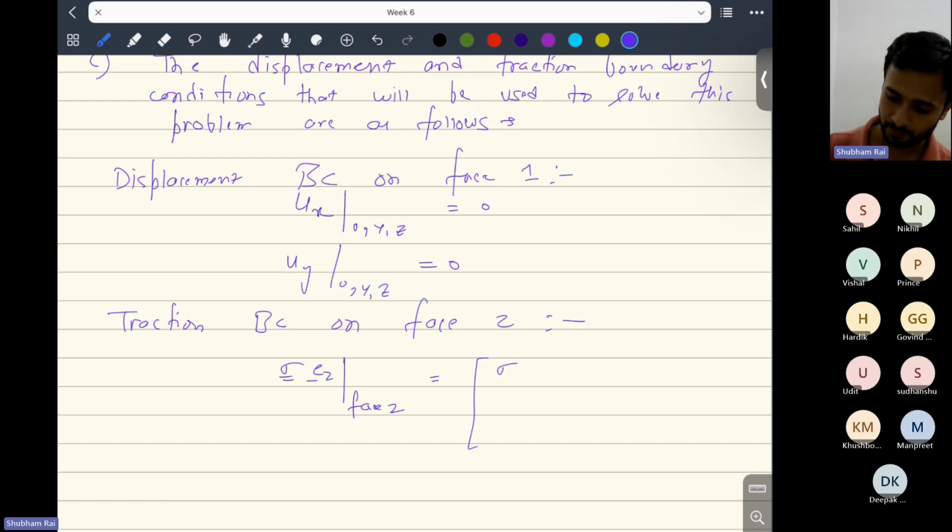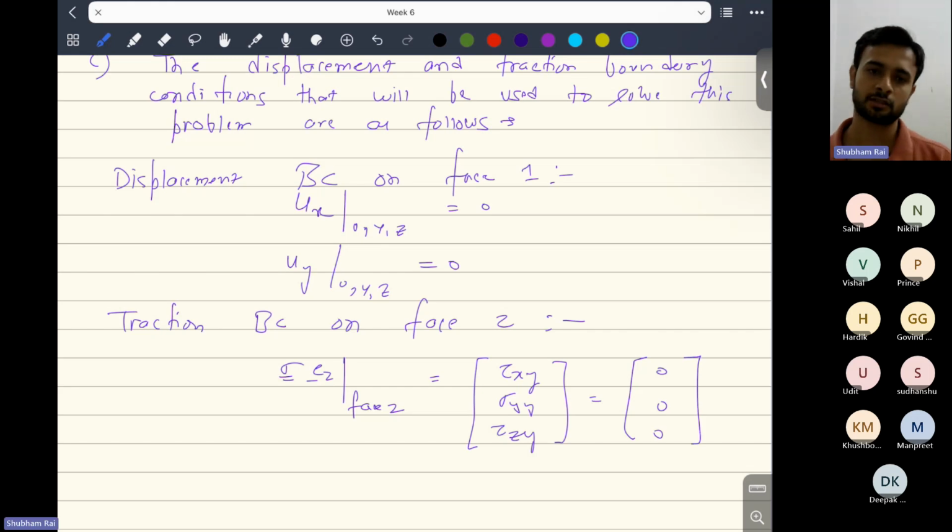So this is tau xy, sigma yy, and tau zy. So all three should be equal to 0.